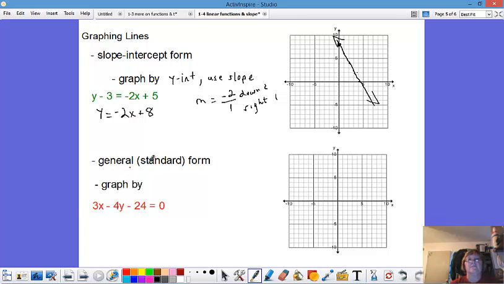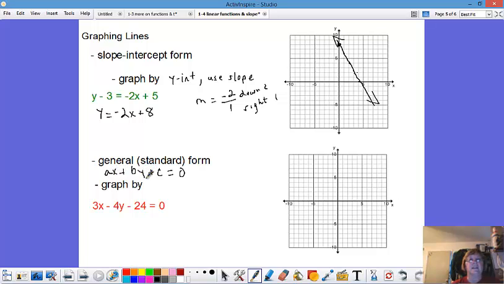Next, I'd like us to talk about graphing in what maybe you have heard before called standard form. Our textbook calls it general form, and in a general form equation, it looks like this: a times x plus b times y plus c equals 0. That's the format for standard form. It's still a line, got an x and a y, no power greater than 1.